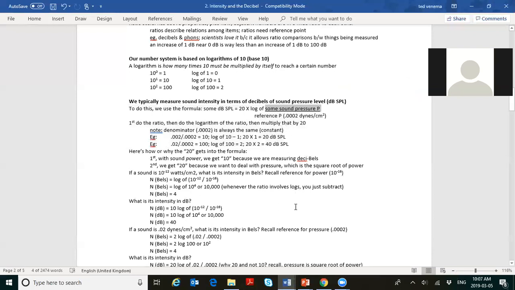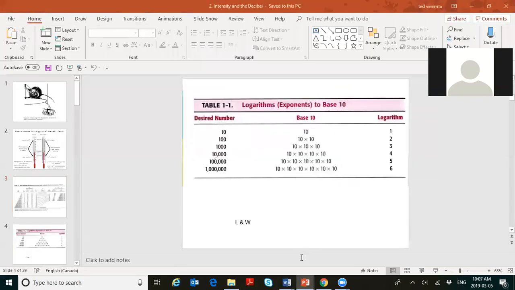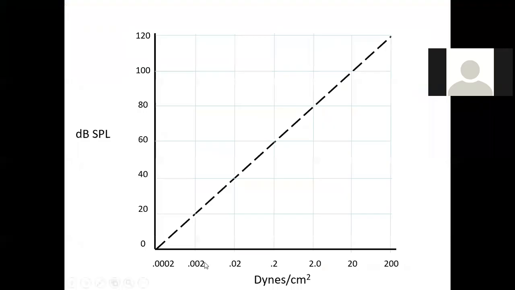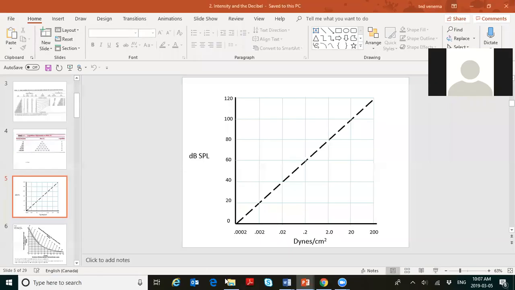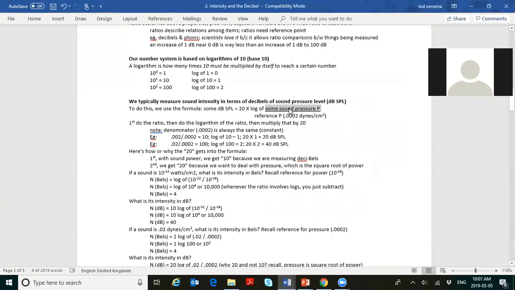So here you go. Let's say you had a sound of 0.002 dynes per centimeter squared. Okay, so let's take that one. All right. You go over to your formula here and you say 0.002 divided by 0.0002.